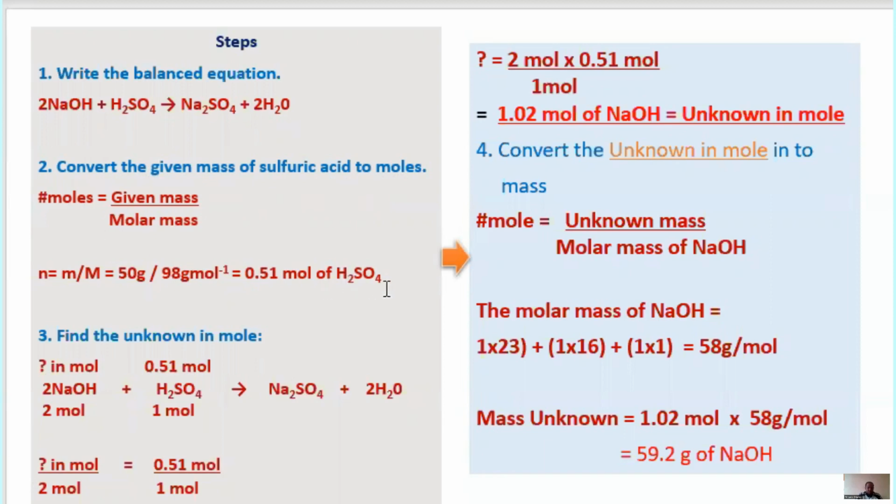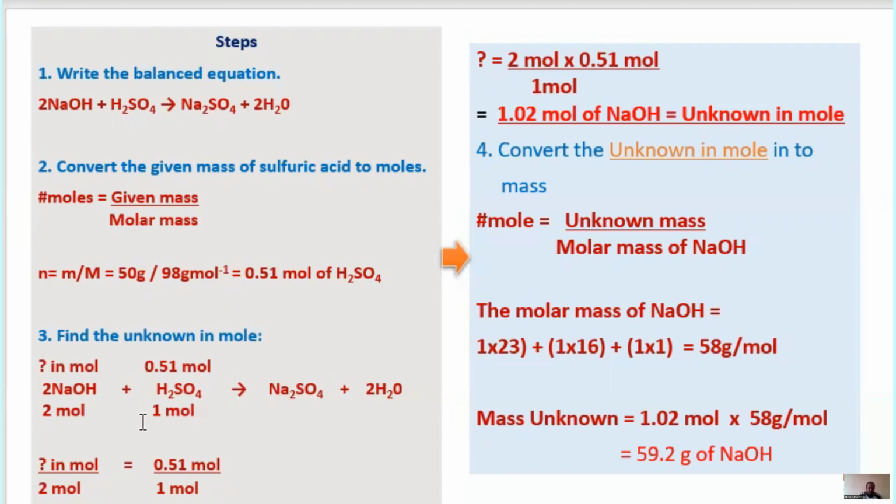This 0.51 mole of sulfuric acid is just taken as what? As a given mole. Find the unknown in mole, question mark, because you are asked to find the mass of sodium hydroxide, but we find here in mole, and you have 0.51 mole of sulfuric acid.